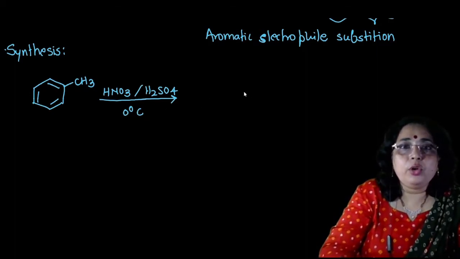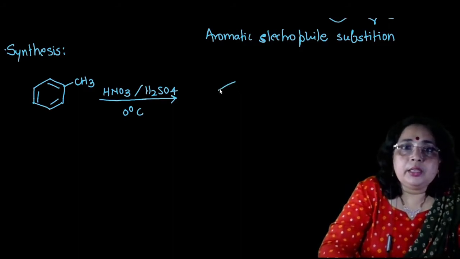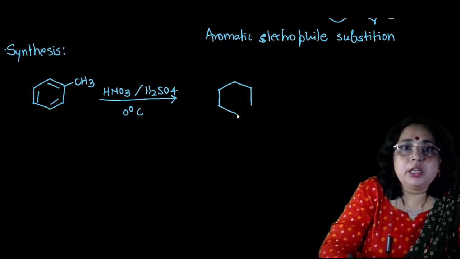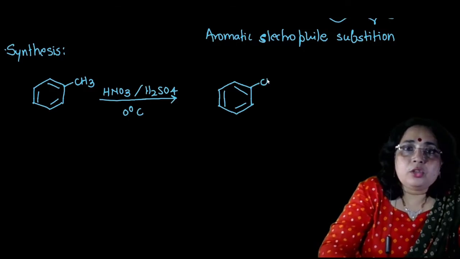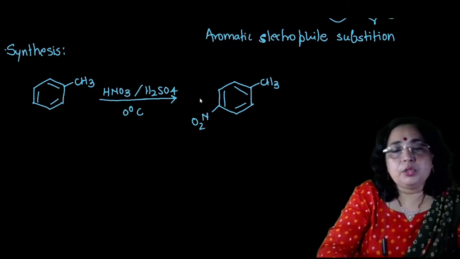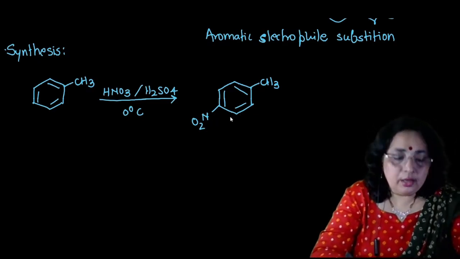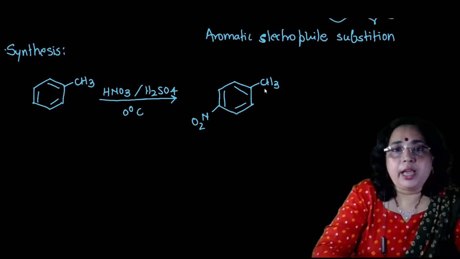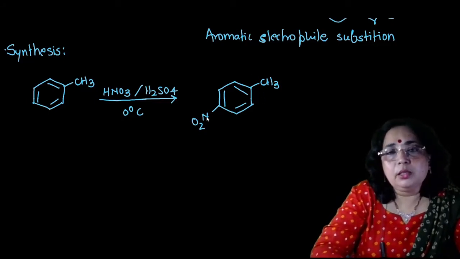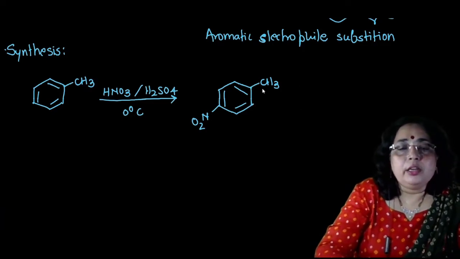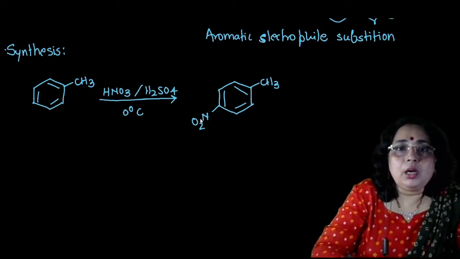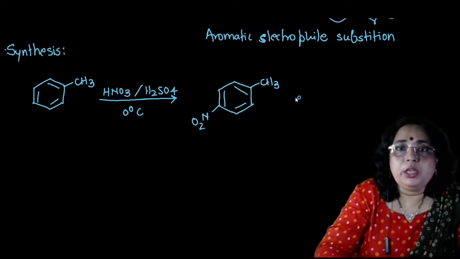It creates a nitronium ion, and this is an electrophilic substitution reaction, and the CH3 group is attached over here. So the NO2 group will go to the para position. CH3 has an ortho-para directing effect, so CH3 will direct this NO2 group at the para position. All right, so NO2 is acquired at the para position over here.